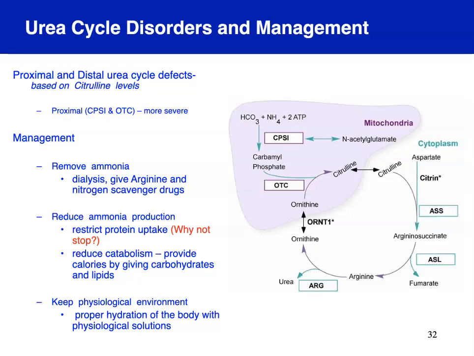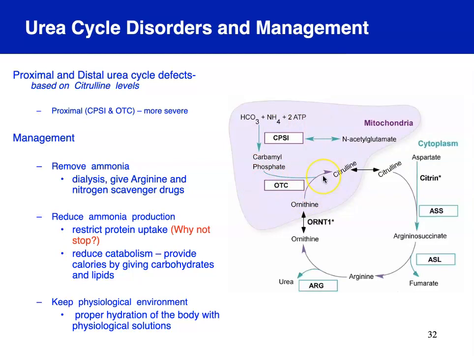All right. Now, when we talk about the urea cycle disorders and how we manage them, it's noteworthy to say that the conditions are divided into 2 main groups: the proximal and the distal. The proximal involve the enzymes that are found in the mitochondria, and these are carbamyl phosphate synthetase 1 and ornithine transcarbamylase.